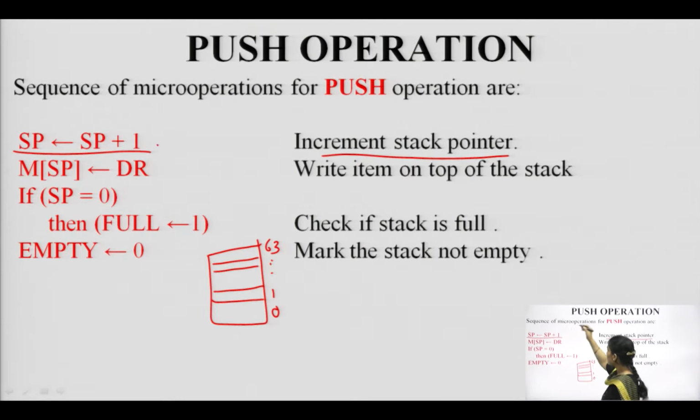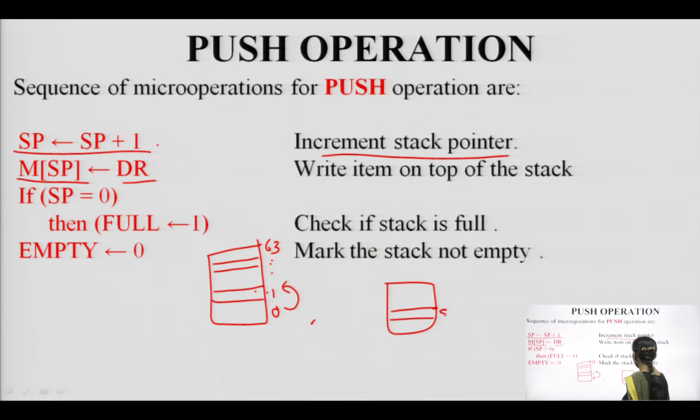Suppose I am at 0, now my stack pointer will be incremented to 1, and then the data item from the DR register will be copied to the top of the stack. This will be my SP, that is the address part, and inside the memory, that is my data part, which is also represented by M of SP.